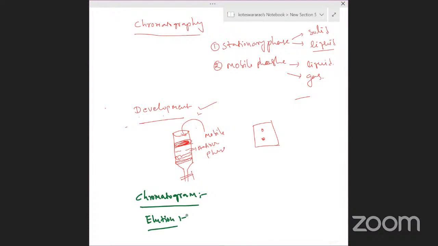After development, the mobile phase passes through the sample and stationary phase, and it carries some compounds along with it. The collected solvent is called elution.